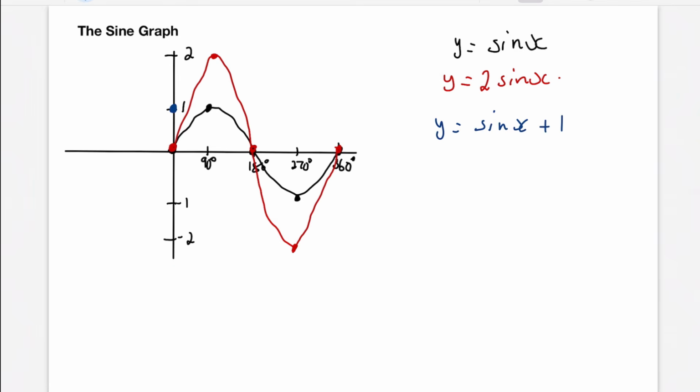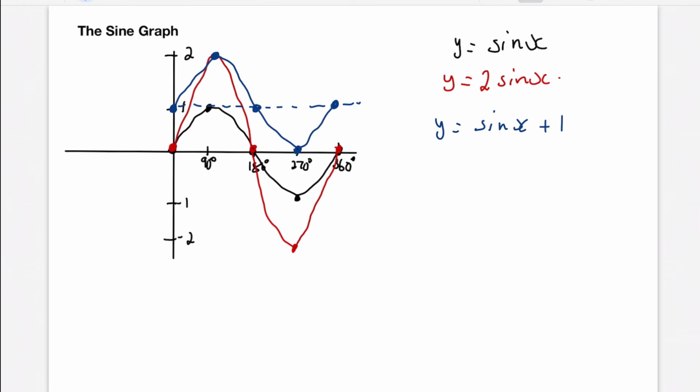Its highest point will be at 2, and at 180, it'll be back to its horizontal plane. Its lowest point will be at 0 and 270 degrees, and it'll still complete itself at 360 degrees. So this blue graph, y is equal to sine x plus 1, looks something like this.